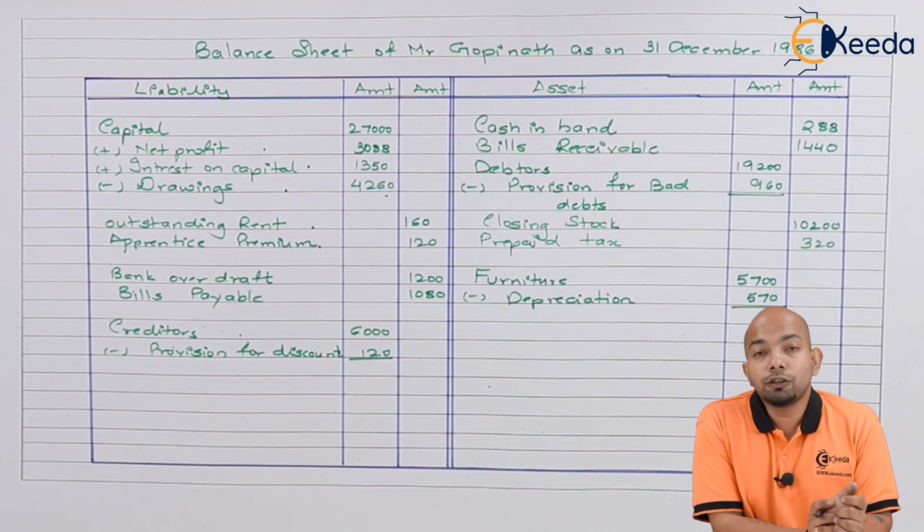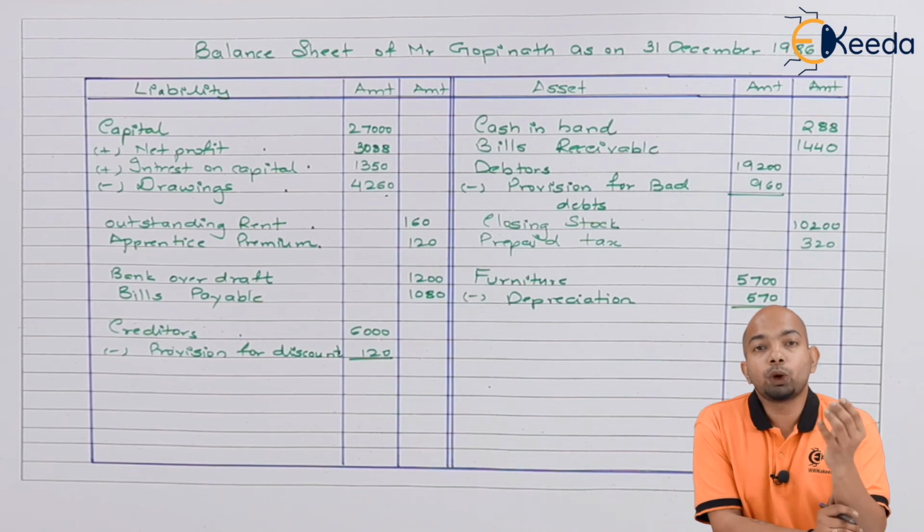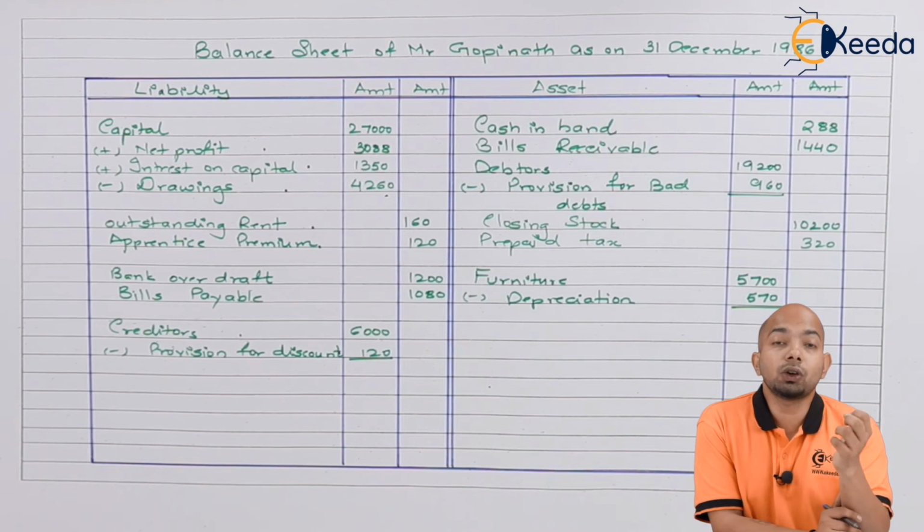Creditors and provision for discount on creditors has been subtracted. That means out of sundry creditors, the provision that was created, that was mentioned on the credit side of the profit and loss account, has been subtracted from this amount. Hence, this has been mentioned here.